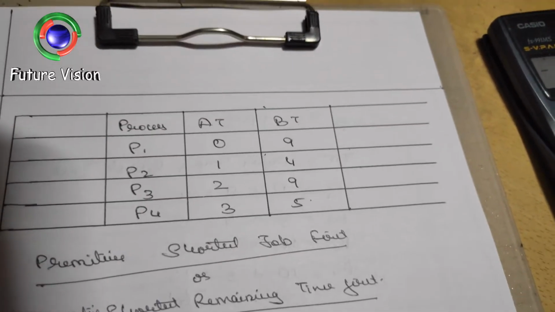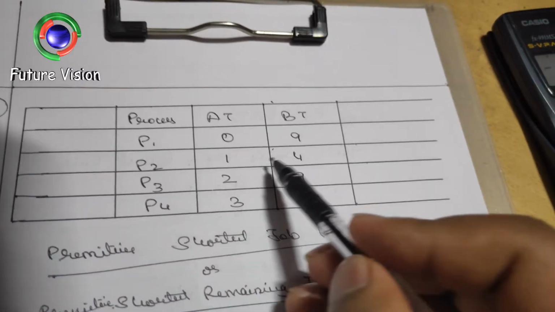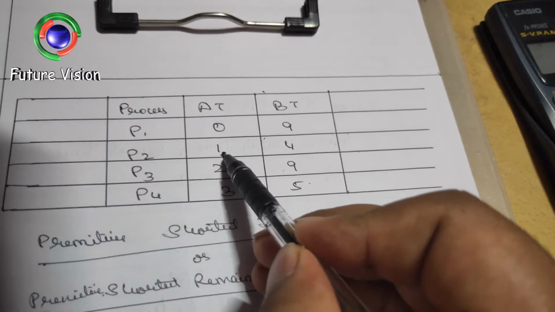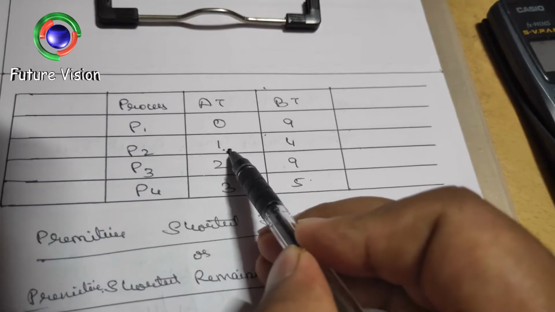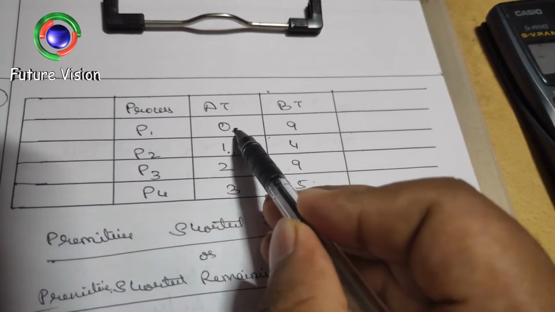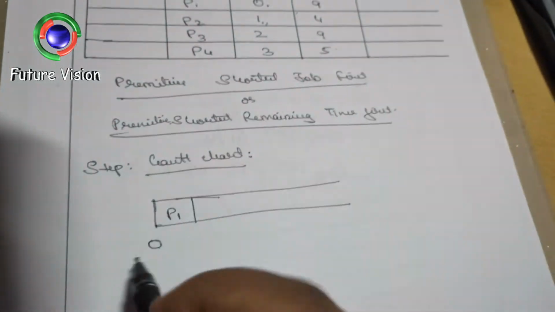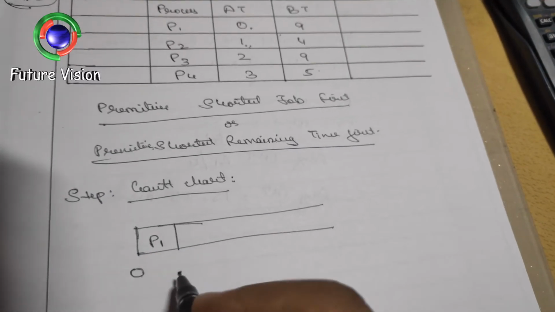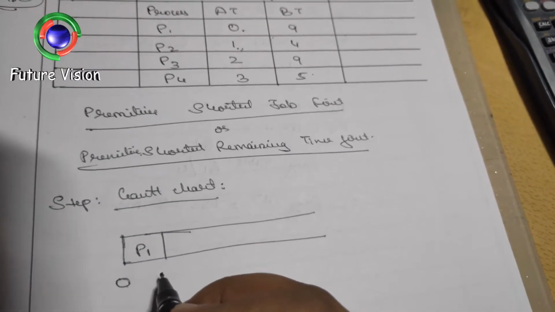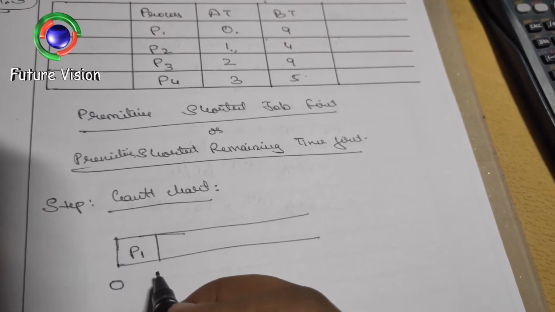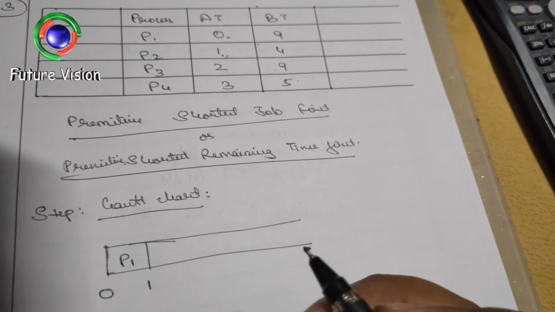Since it is preemptive, the next process arrives at 1 millisecond. At that time P1 is preempted, so P1 is given permission to execute till the next arrival time of a process, which is 1.